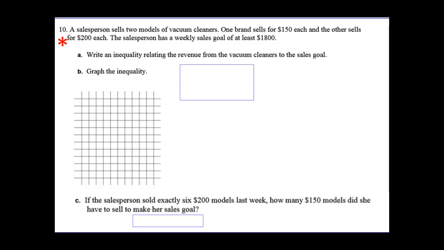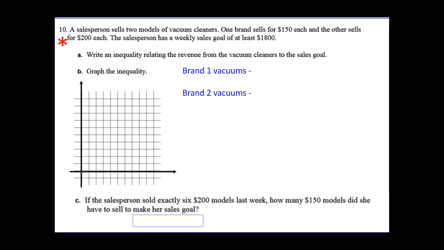Okay, if we then graph the inequality. So the first thing we need to do is notice that we have 2 brands. We're going to say brand 1 vacuums, brand 2 vacuums. The one thing we do know is if we're going to sell these vacuums, so here's our x, here's our y, we have to actually sell more than 0 to make a profit.